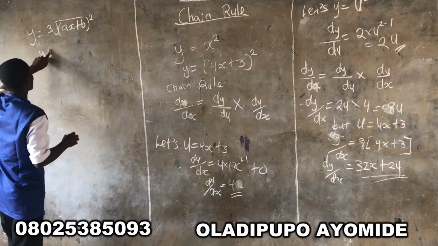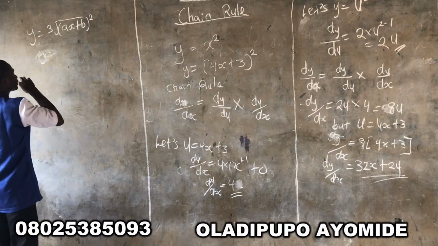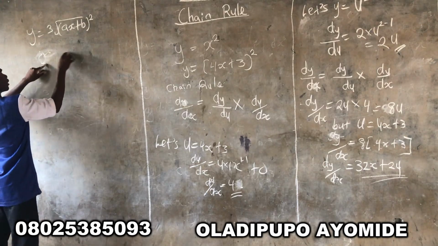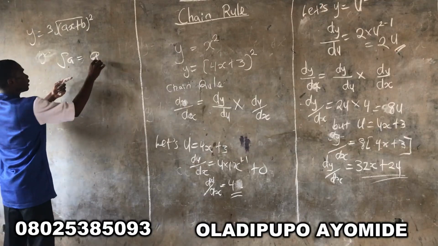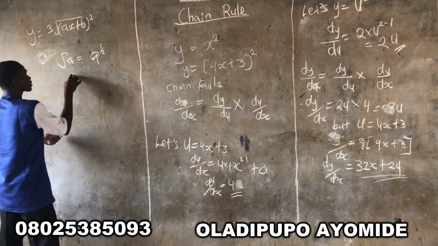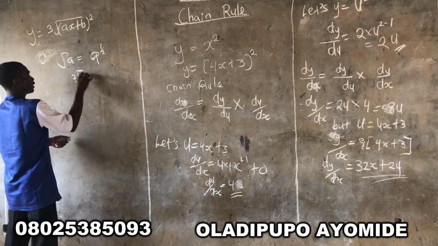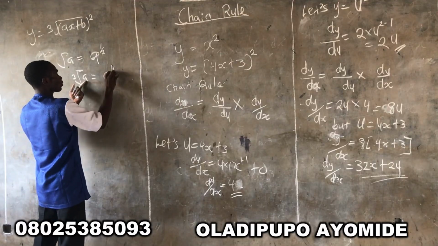Saying y is equal to, the law of indices says the square root of a is equal to a raised to 1 over 2, and the cube root of a is equal to a raised to 1 over 3.